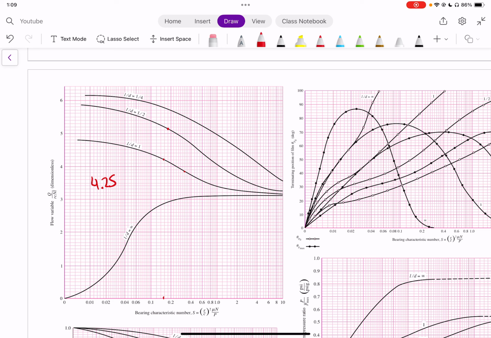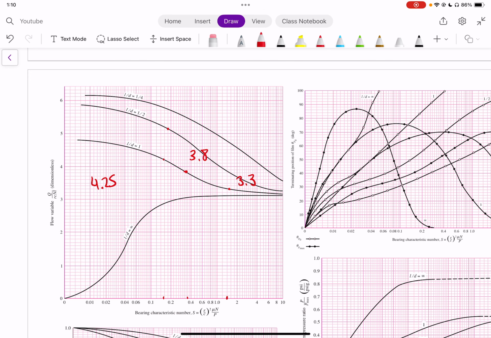So 0.367 would be around here, which would give us a value of 3.7 or 3.8 potentially. 3.8 is a good estimate. Then our 1.378 would be very close to 1.4, a little bit before 1.4, and if we look for that value, we get 3.3.